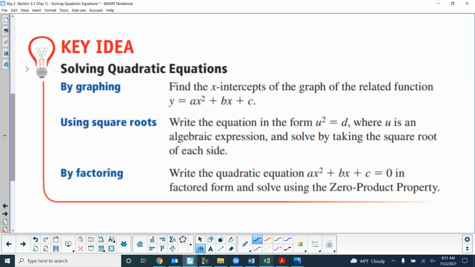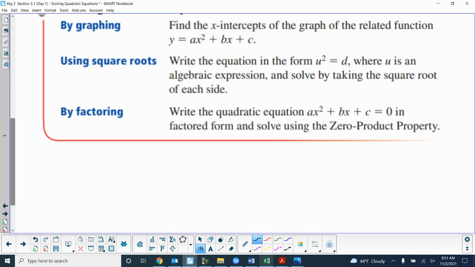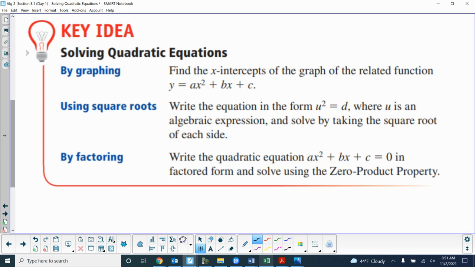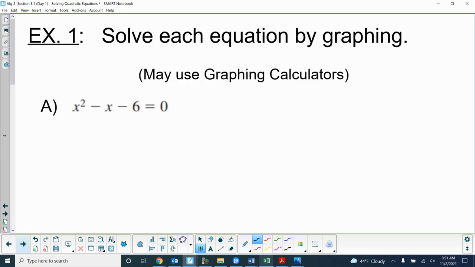All right, so have your graphing calculators out to help you. So those are what we're concentrating on today, graphing and using square root. All right, so how do we graph something in our calculator? What button do we start with?